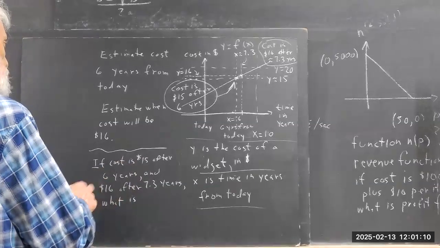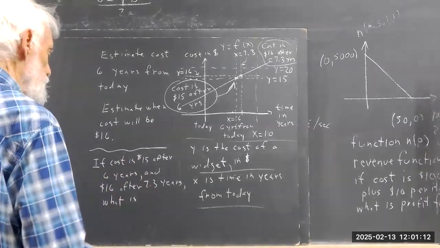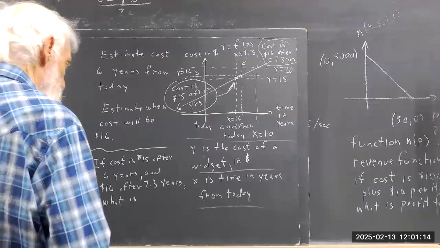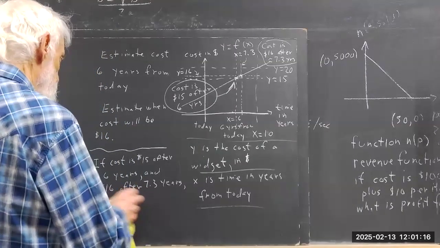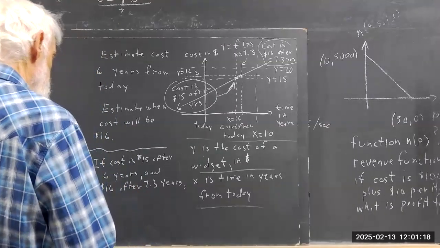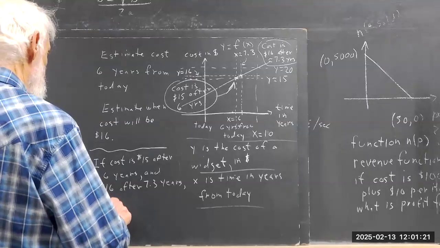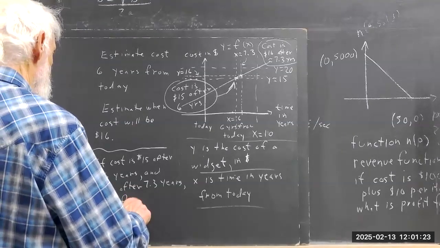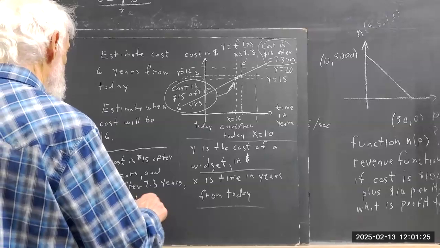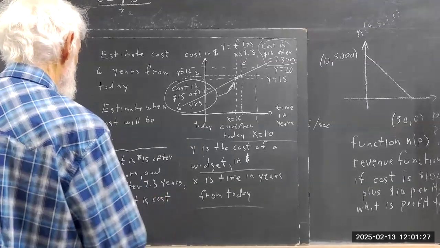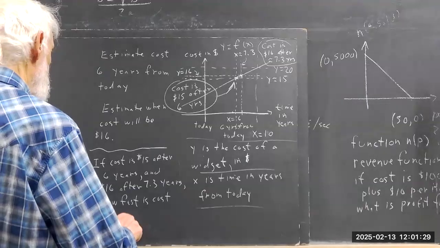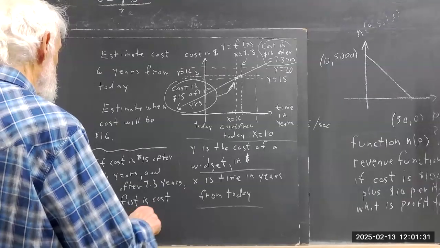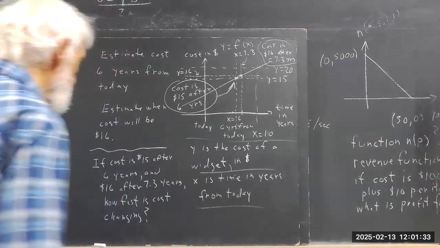Cost is $15 after 6 years, $16 after 7.3 years. How fast would you say that the cost is changing?